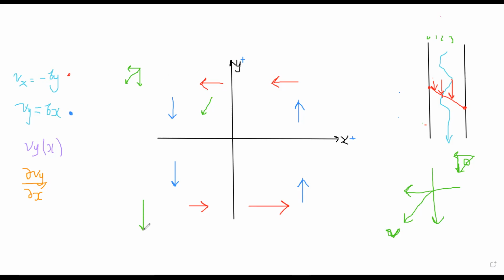This is flow going down, flow going across. Resultant would be this way. Flow going up, flow going across. Resultant this way. Flow going across, resultant this way.